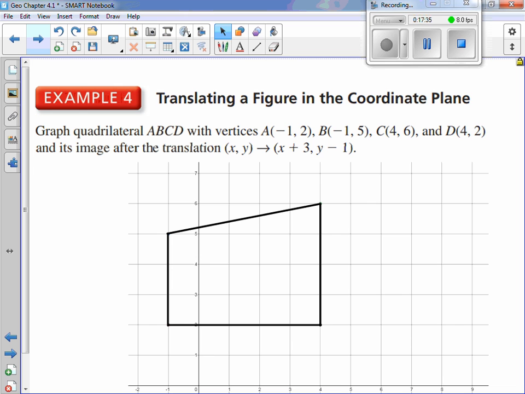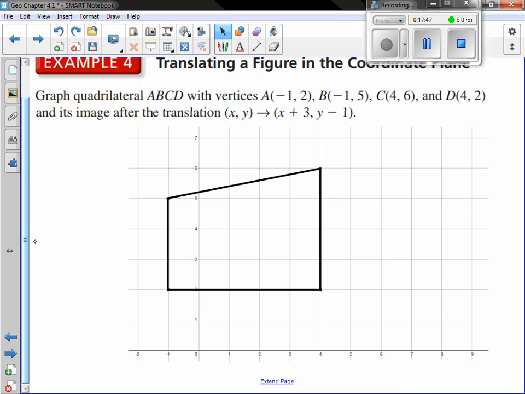Now, as we talked about a minute ago, we can use this notation to also signify a vector. Because x comma y translated to x plus 3 comma y minus 1 is the same as the vector 3, negative 1. It's doing the same thing.